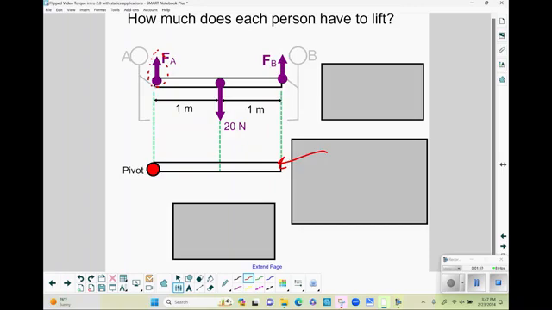So for example, if I take a look at force A, that would be along this green line here and trying to pull this guy straight up through the pivot. Any force pulling through the pivot doesn't try to rotate anything. There's no radius. So since this is not trying to create any torque, I'm going to leave this one as a blank and simply erase this line.